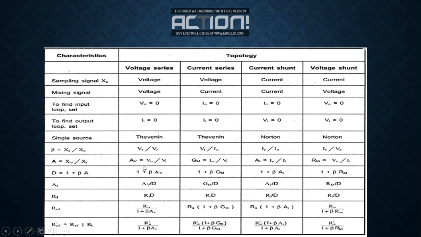For voltage series, we have to find AV. This is what is important. If we understand these formulas and memorize these shortcuts, we can easily solve them effectively. And these are the formulas for the certain topologies. If you refer to this table, it will be easier for you to solve any kind of negative feedback amplifier circuit.